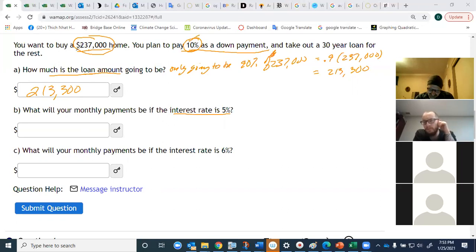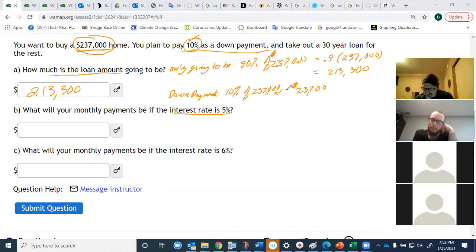Which means, by the way, your down payment is 10% of 237. And when you do 10% of something, you just move the decimal to the left one place. So that's 237.00, which is $23,700.